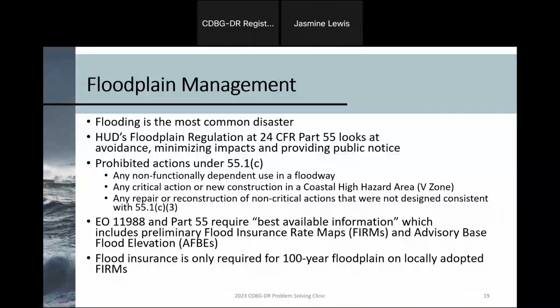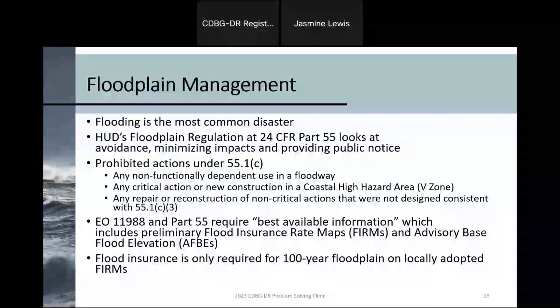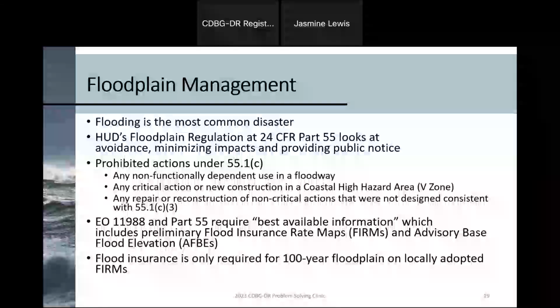Can I add on to that? Just to add on to that, saving yourself time at the broad level, that's where you're doing your notice of intent to request release of funds and your HUD objection period for the authority to use grant funds. So for notice of intent, if it's a CEST, that's 7 days public comment. If it's a combined FONSI and notice of intent for environmental assessments, that's 15 days.